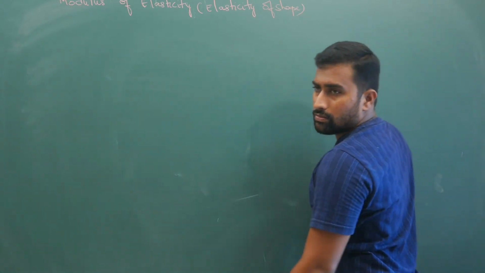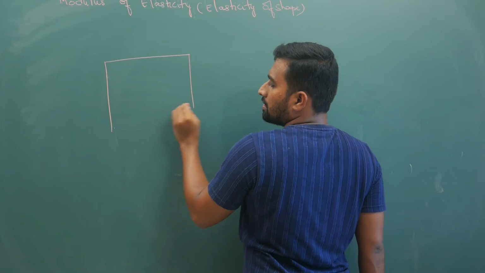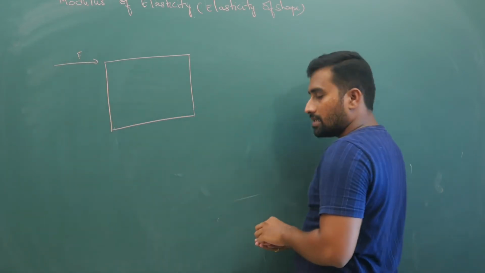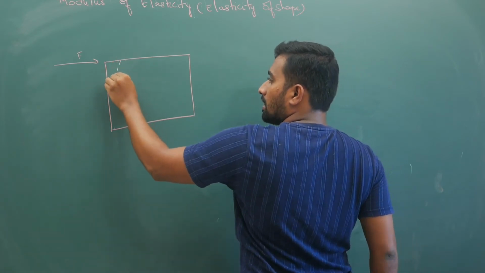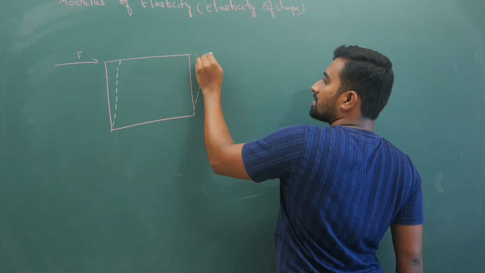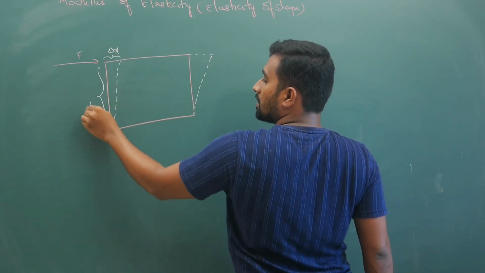Now I told you previously also, this shearing stress, I have explained that if you take a block and apply some force in the tangential direction like this, your material will bend like this. If it is bending like this, this is your delta x, this is your L.